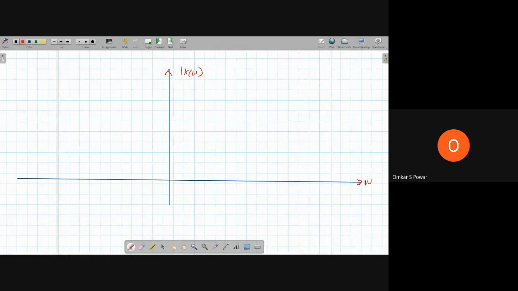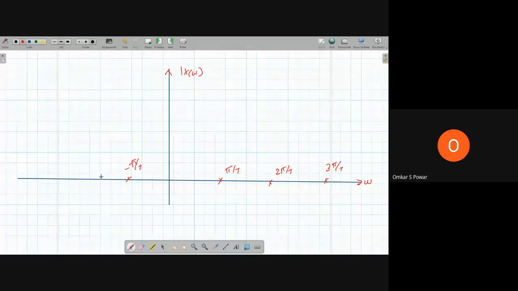So what did I tell you? At pi by t, 2 pi by t, and 3 pi by t, it takes the value of 0. So minus pi by t, minus 2 pi by t, all here it is 0. And at omega equal to 0, what value did we get?